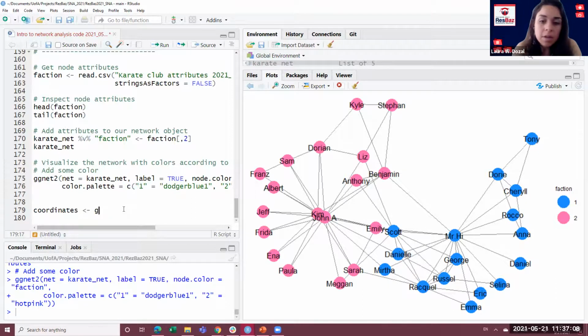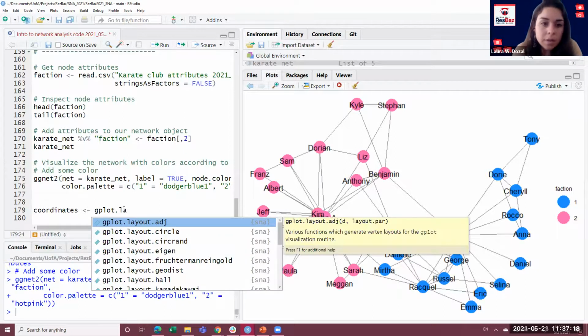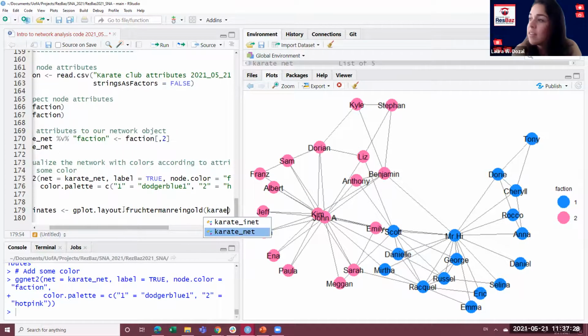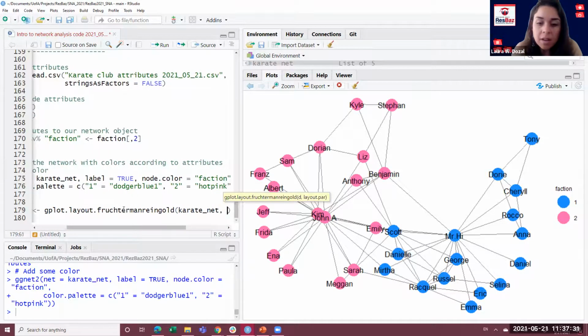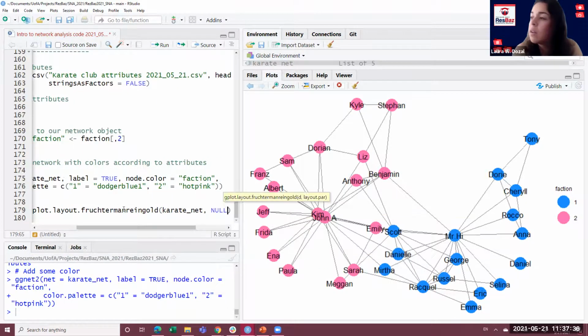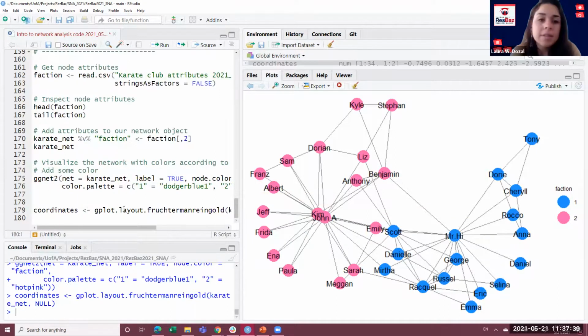Gplot. Layout. Oh, it's a different layout. Coordinate. Okay, so let's look at the X and Y coordinates and see what this is.